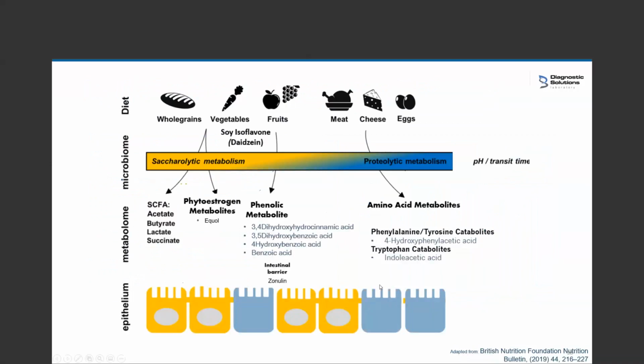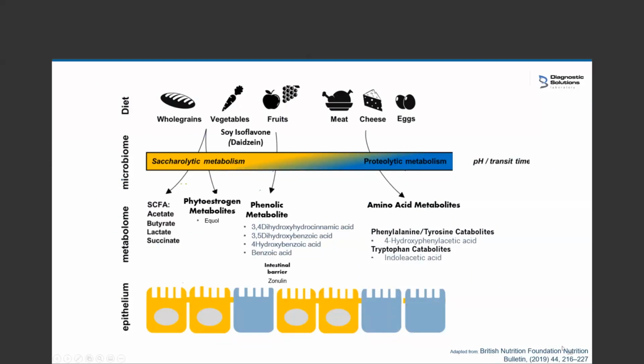Also, it's important to look at microbial metabolites, which can let you know what people may be eating and how their gut bacteria are responding. If you eat some soy, you're going to end up with phytoestrogens like equol. If you eat fruits, vegetables, and whole grains, you're going to end up with these phenolic metabolites. If you get amino acids and protein, you're going to get these amino acid compounds from bacterial action.